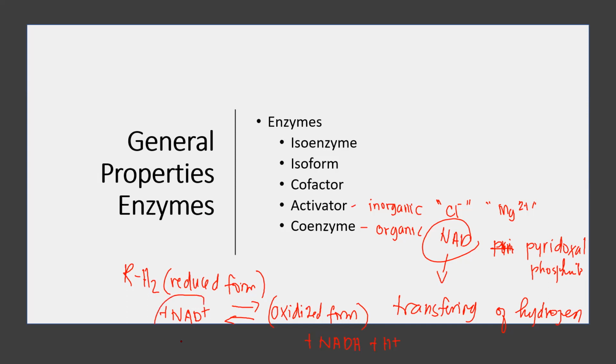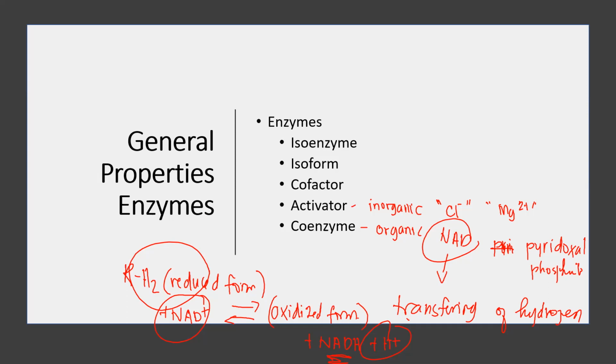NAD+ may accept a hydrogen atom, and NADH may donate one hydrogen atom.